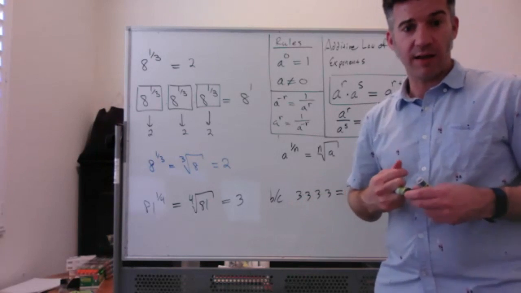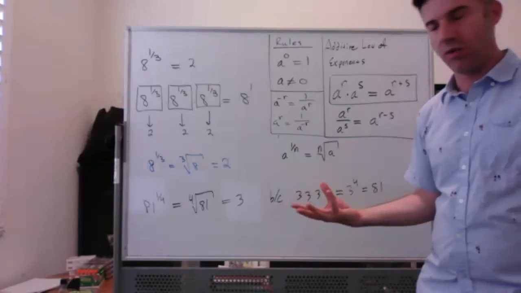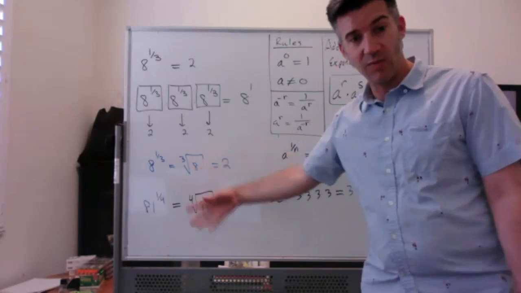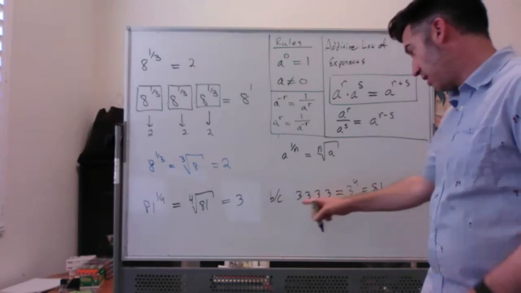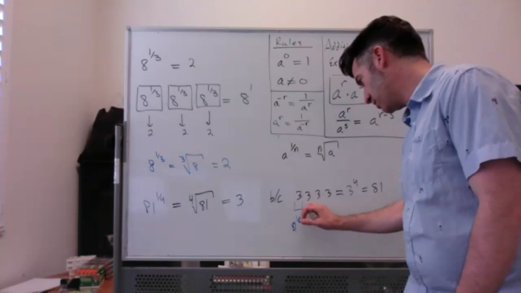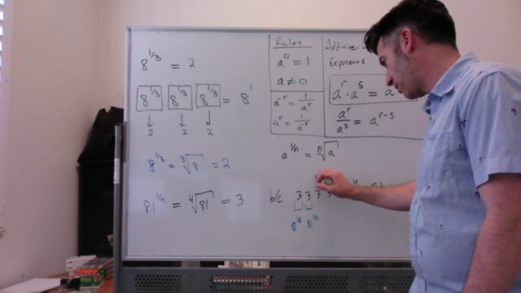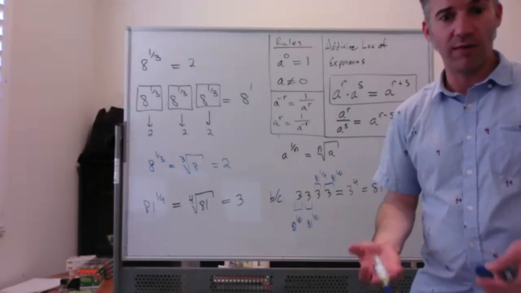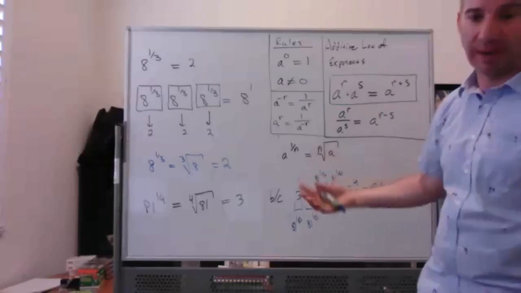Whenever you're trying to find a 4th root of a number, you're looking for the smaller number that if you multiply it by itself that many times, you end up with the base you started with. You could also say 3 is 81 to the 1/4 times another 81 to the 1/4 times another 81 to the 1/4 times another 81 to the 1/4. And when you multiply those together, the 1/4 powers all add up because of the additive law of exponents to a positive one.